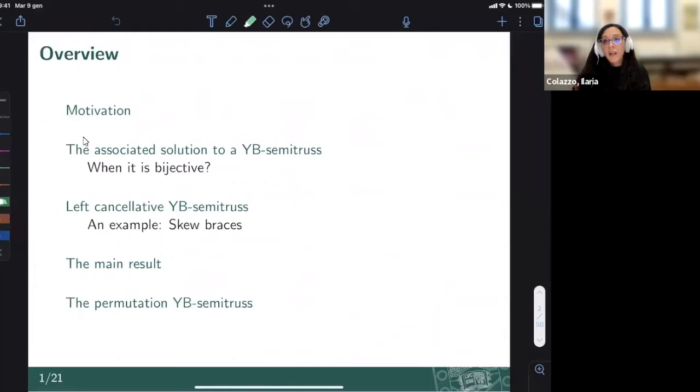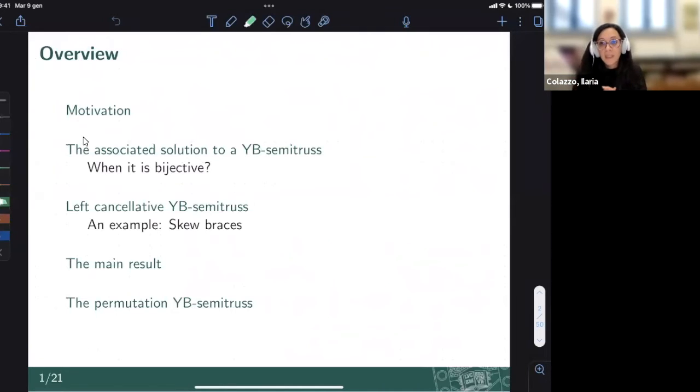And then, as promised, Charlotte said that the YB-semitrusses are a generalization, so they comprehend the skew braces, but we didn't prove that. To do so, we will focus on a subclass of YB-semitrusses called left cancellative semitrusses, in which the additive structure is left cancellative.